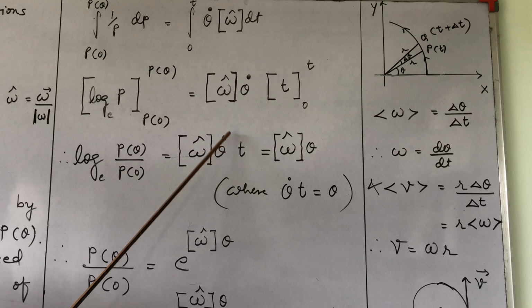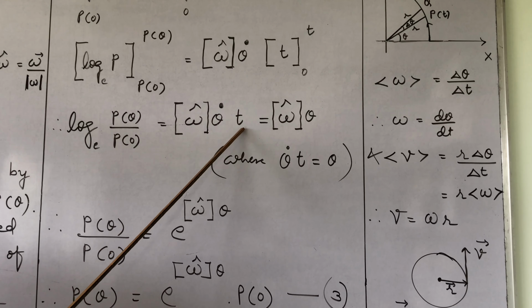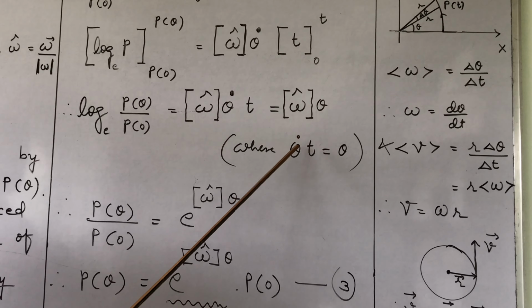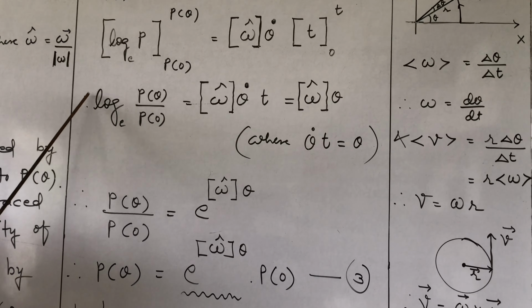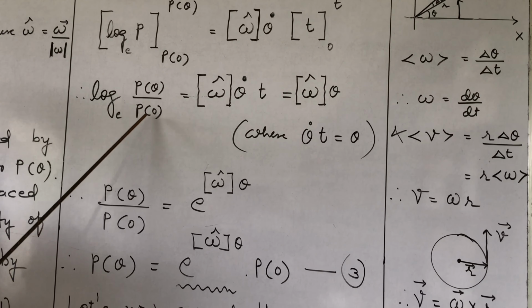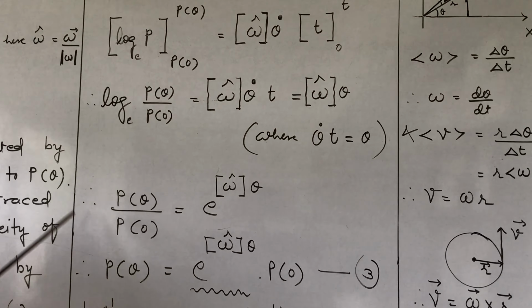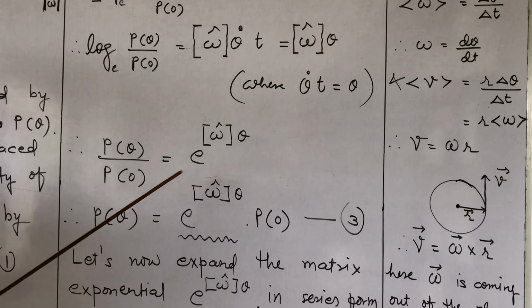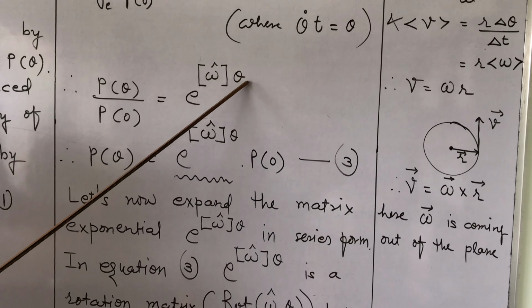But d theta by dt, theta dot, is the angular velocity, and theta dot into t is the angle theta. We have replaced it. Now this is the logarithmic form: log of p of theta by p of 0 to the base e equals this. Considering the exponential form, p of theta by p of 0 equals e raised to skew symmetric omega cap theta.